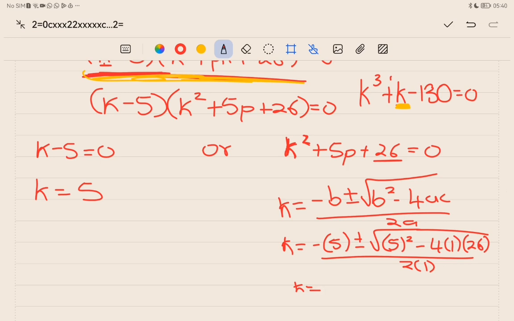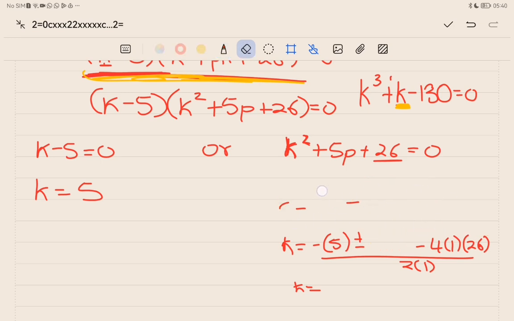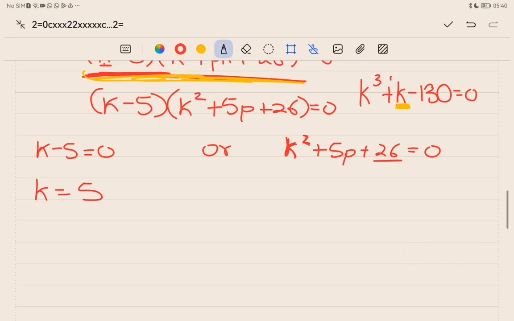I advise you, when you are required to solve a quadratic equation, just use the quadratic formula, you won't go wrong. So it shows that there are no solutions. It says error. So there are no solutions for this.